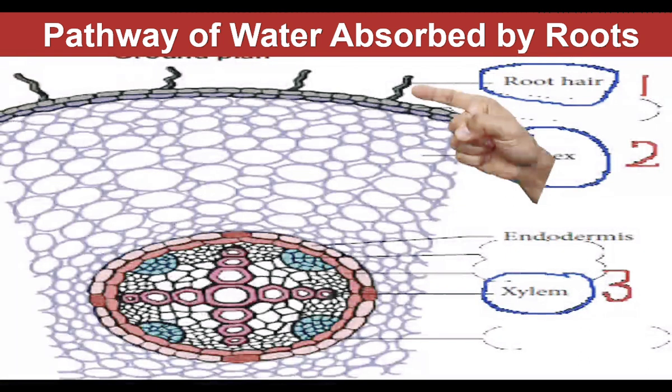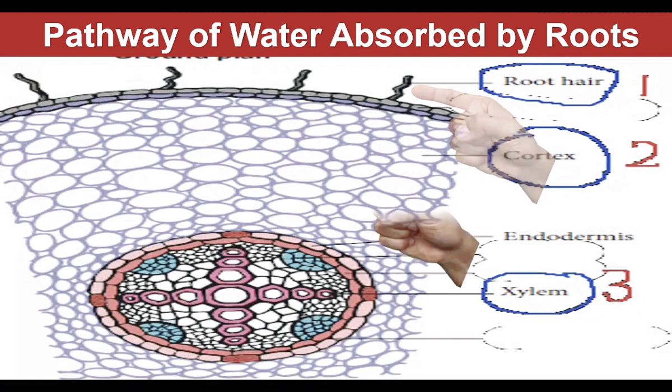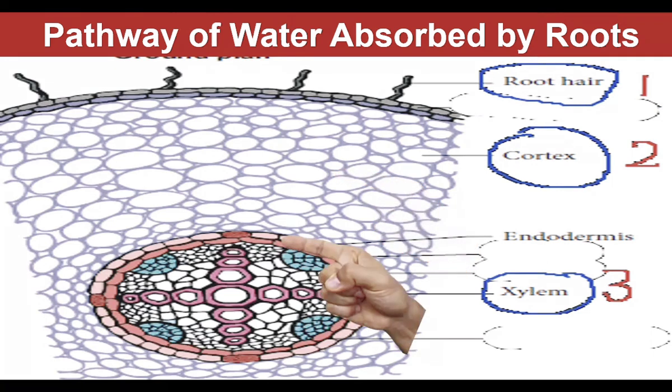Root hairs absorb water. The water is transported to the cortex due to osmosis. The water concentration increases in the root hair, so water from the root hair moves to the cortical cells. From one cell to another cell, the water crosses the cortex and then reaches the endodermis.